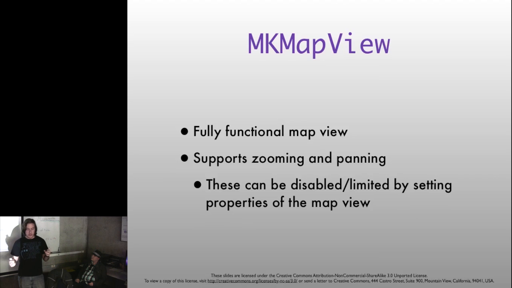And what's kind of cool is straight out of the box, you can zoom and pan and move across the map view just like you would in the basic Maps app. Those are simple properties on the map view that you can set to enable or disable zooming and panning depending on what you need.